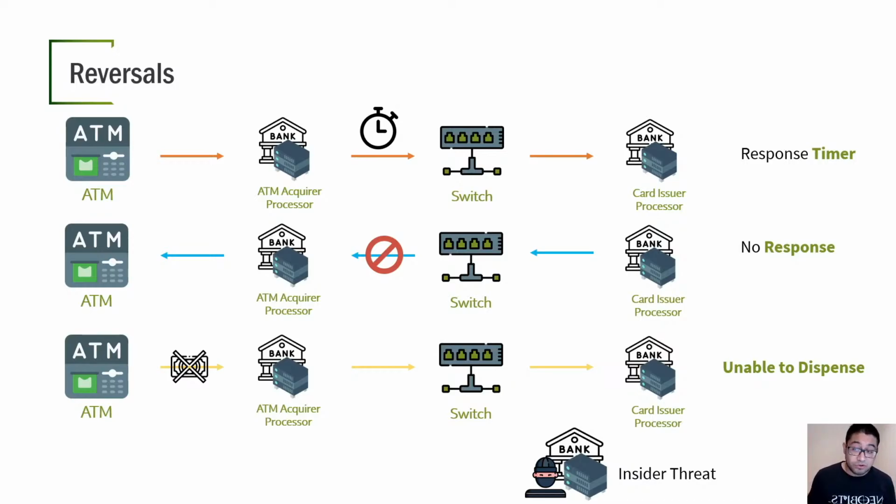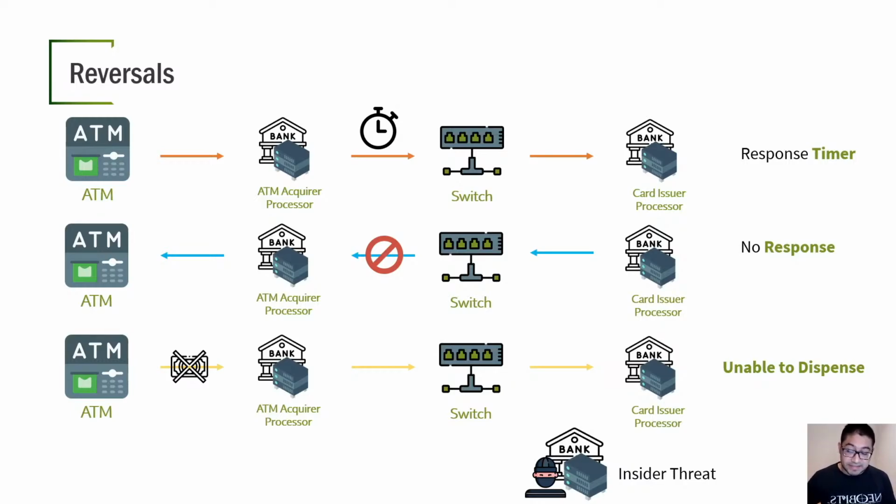And if the authorization response and everything is right, and the ATM is commanded to dispense the money, but when it tries to get the notes and dispense, it notices that the ATM doesn't have enough bills.